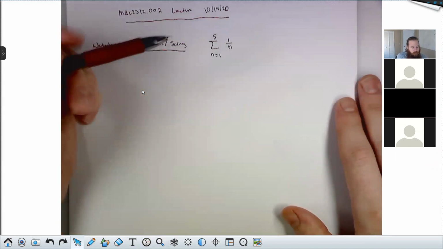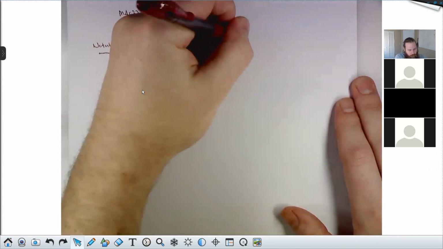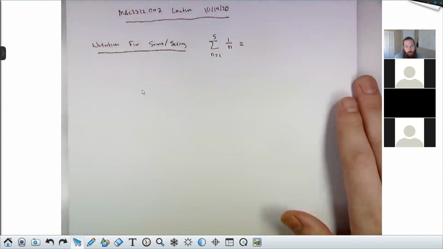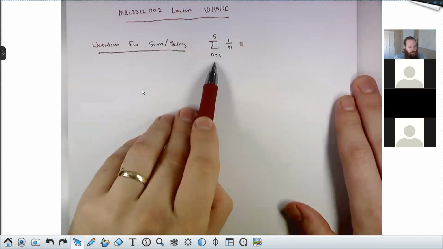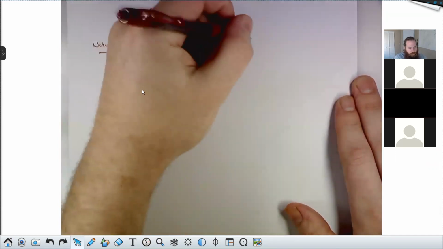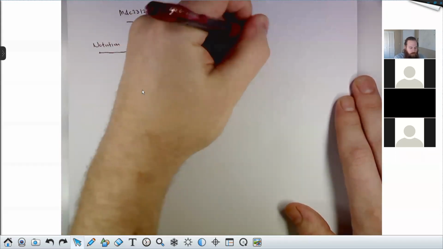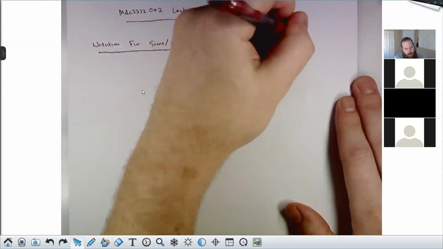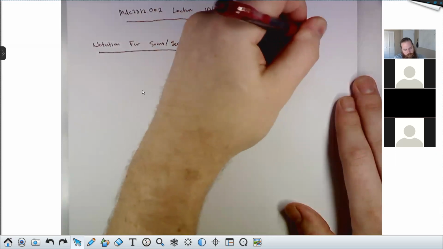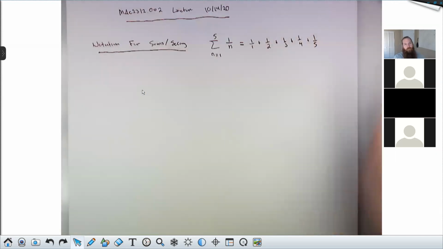It's similar to an integral, only because the inputs are discrete whole numbers, there's finitely many of them, you can actually do it by hand. No crazy calculus required. So this says take 1 over n, add it up as n goes from 1 to 5. All right, that's 1 over 1 plus 1 over 2 plus 1 over 3 plus 1 over 4 plus 1 over 5.